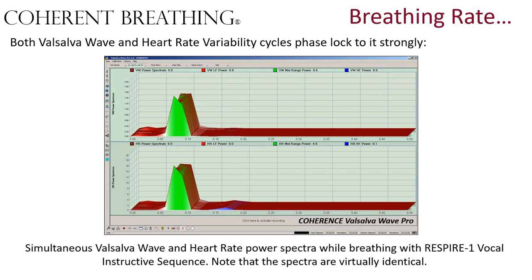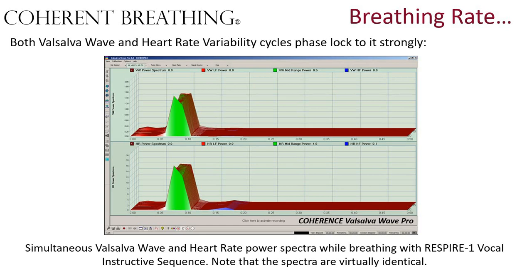This is a simultaneous recording where both the Valsalva wave, the blood wave produced by coherent breathing, and the heart rate, the outcome of the blood wave produced by coherent breathing, are being recorded and plotted simultaneously by the instrument.